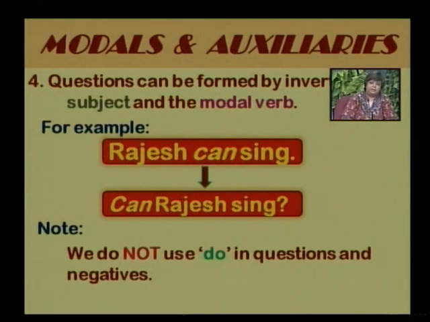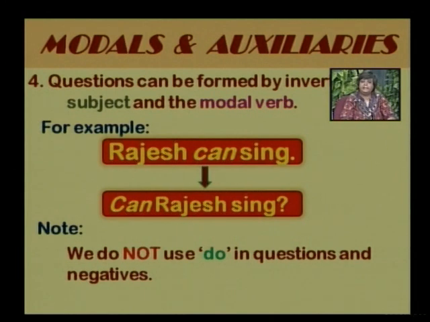Alright, when you use modal verbs in a sentence and want to form questions or negative statements, we do not use do. Do you remember the forms of do, friends? Does and did. So all three words, do, does, did, cannot be used.